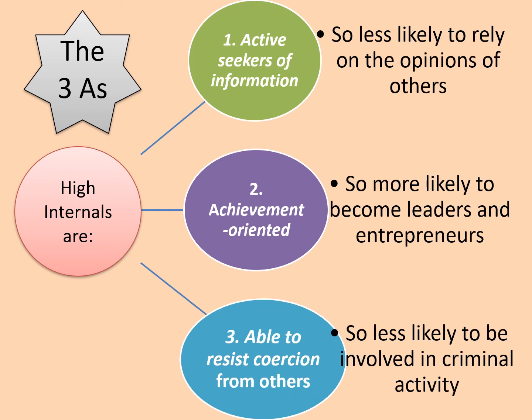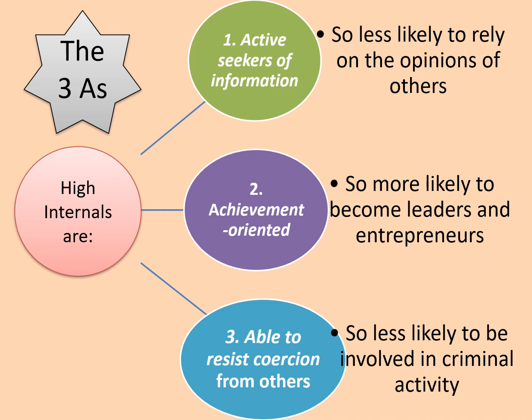So a couple of ideas for you. If you're an active seeker of information, then you're less likely to rely on the opinions of others. So supposing someone's trying to get you to obey an order or tell you to do something, or everyone else is doing something, like peer pressure, you would actively seek out the real objective information about that, and so you're less likely to conform and obey.